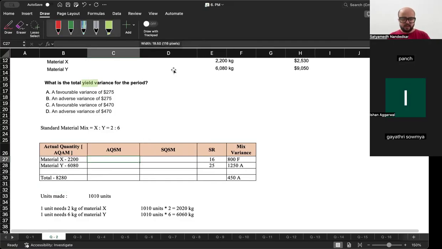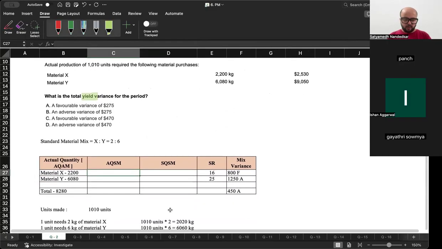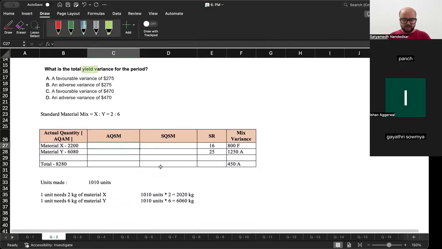Actual quantity standard mix will be how much? 8280 into 2/8, is 2070.